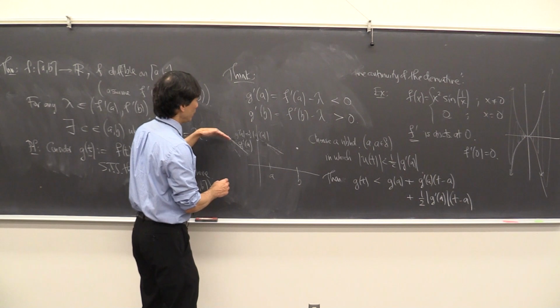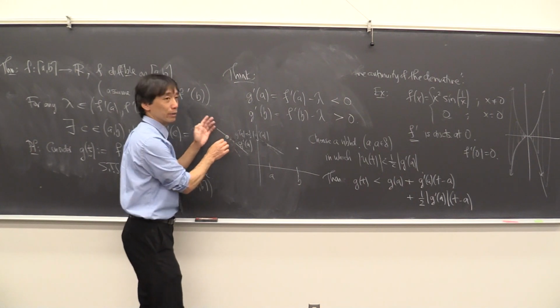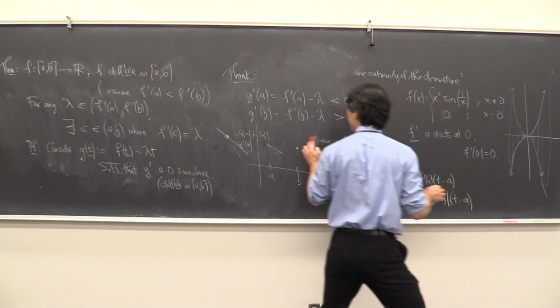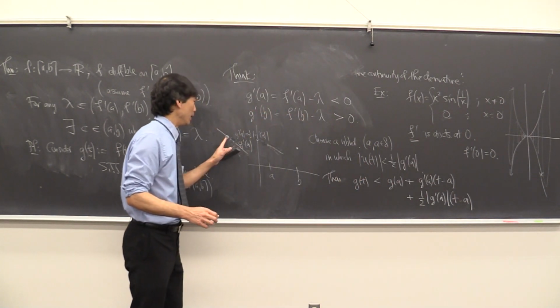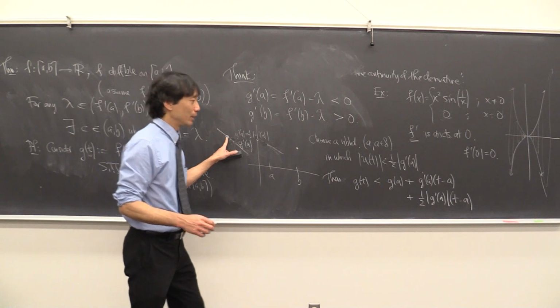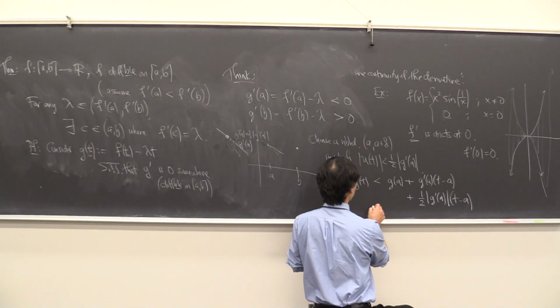That ensures that you've got values that are smaller than this point here. So anyway, the point is that this is not the minimum.